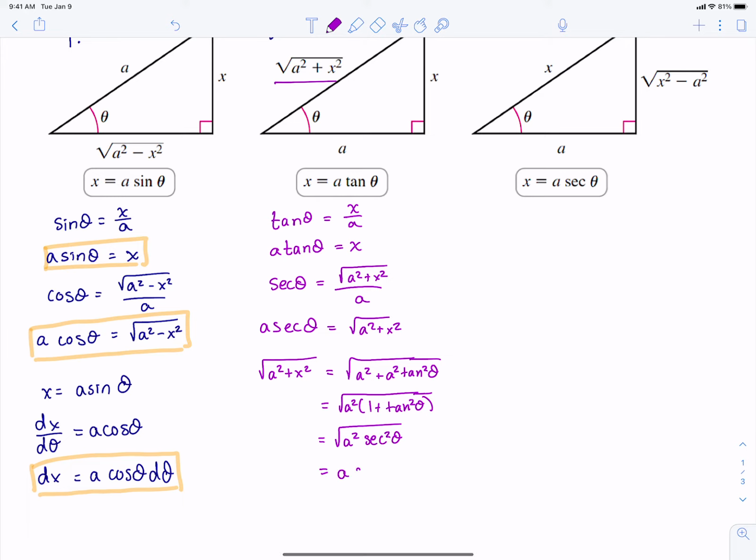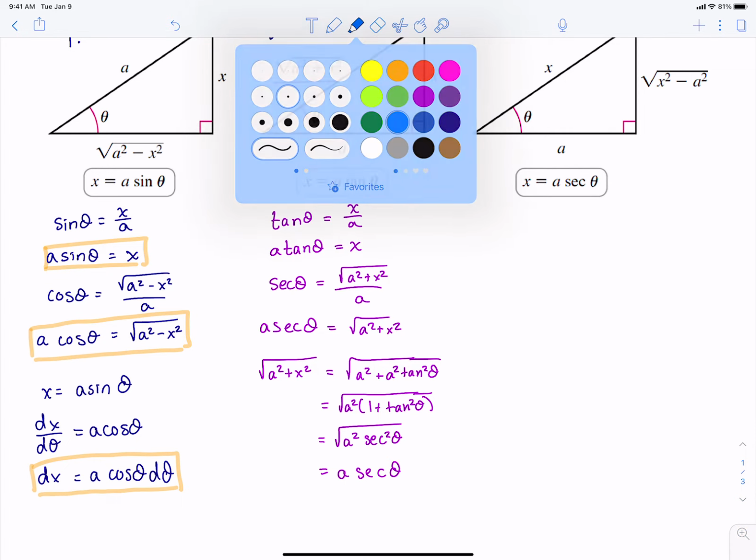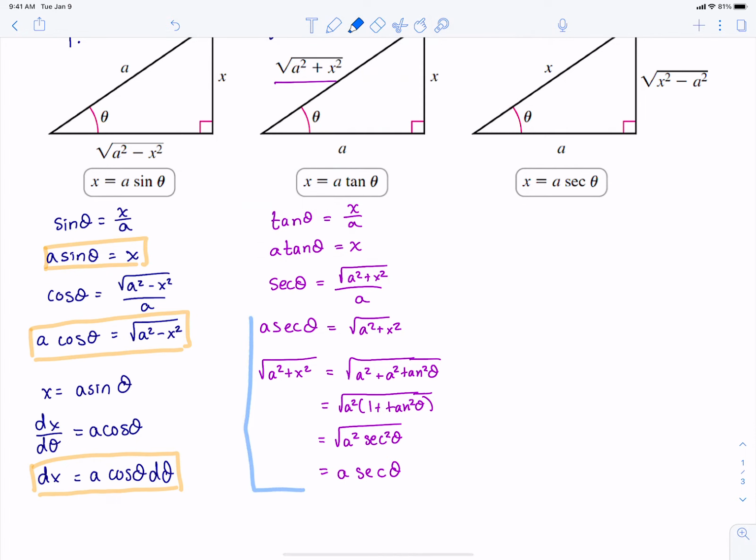And you absolutely get a times secant of theta. So you can view it whatever way you want. This little bit here is kind of an aside, another way that you could get to that relationship. But you can always think about it from the trig ratios too.